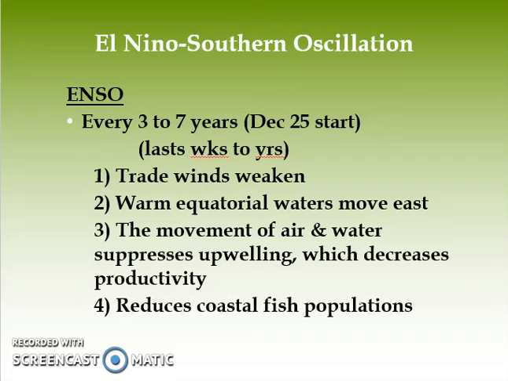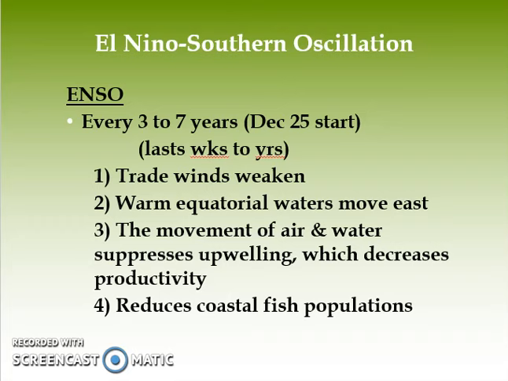When those trade winds weaken, they can't push that big bulge of water over there anymore, and so that warm water actually sloshes back towards the eastern Pacific Ocean. So along the eastern Pacific coast of North and South America, where you usually get cold water, you get this warm water that sloshes back over there and it becomes much warmer.